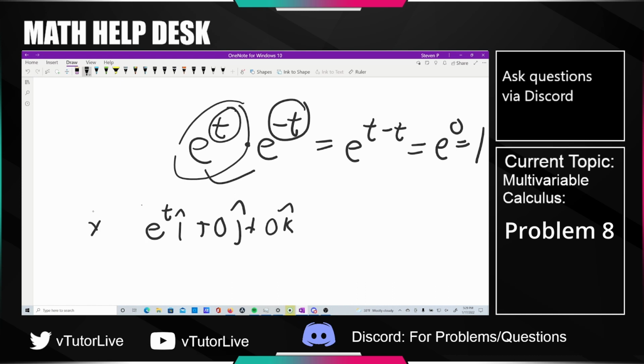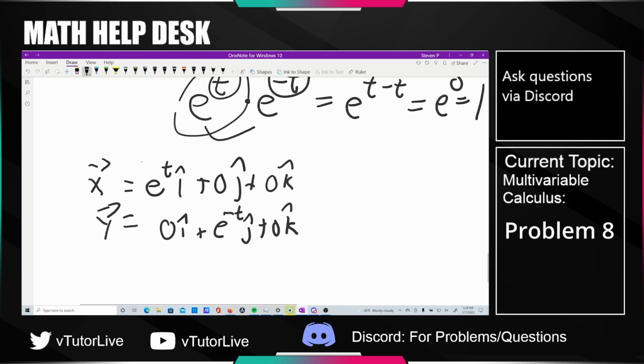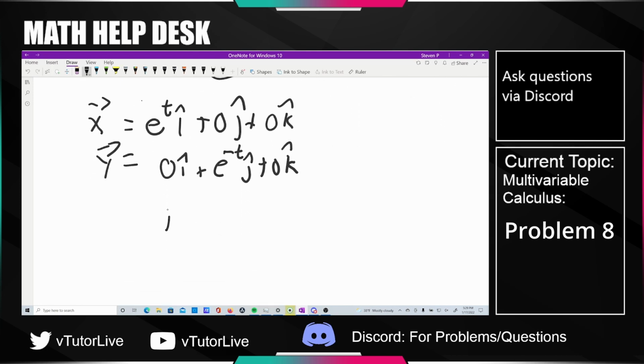So if this is x and this is y, then y is going to be 0i plus e to the minus t j plus 0k. If I do the cross product routine for this, I hope I still remember how to do this, but it looks like e to the t, 0, 0, 0, e to the minus t, 0, right?